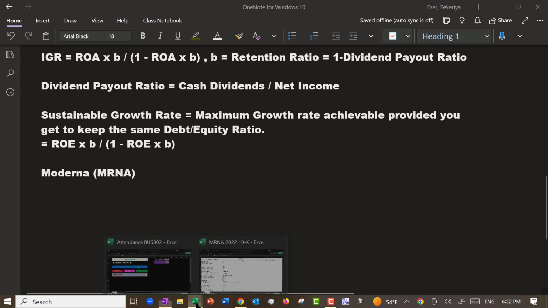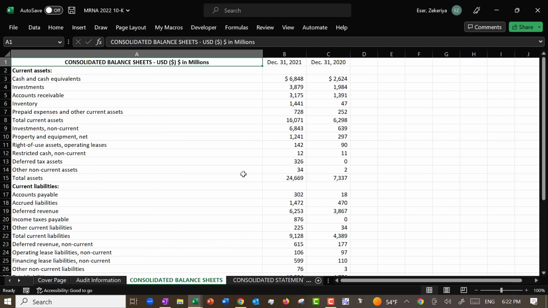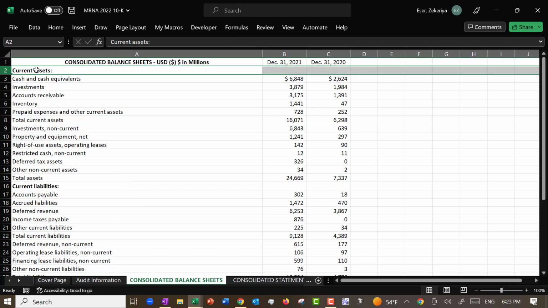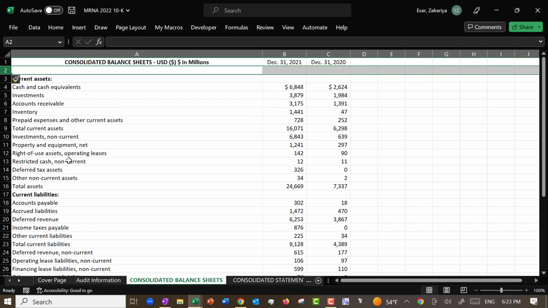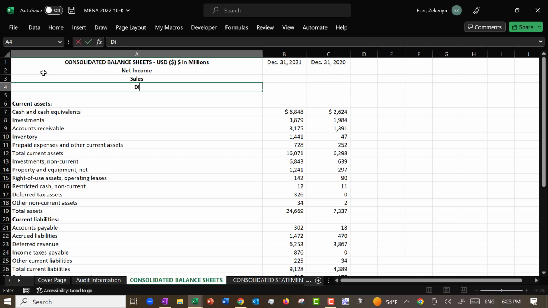Let's get some of their numbers. Balance sheets. Actually, we can calculate them here. Since I'm going to need certain things, I'm going to need net income, sales, dividends.